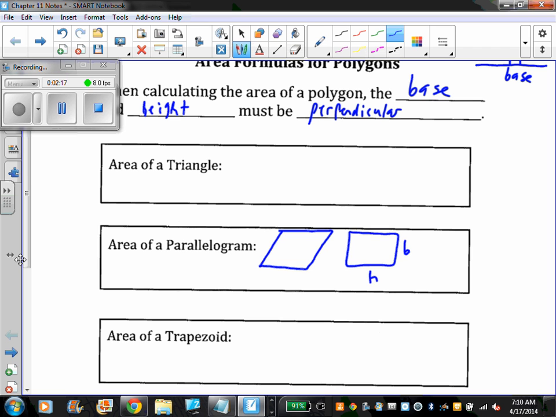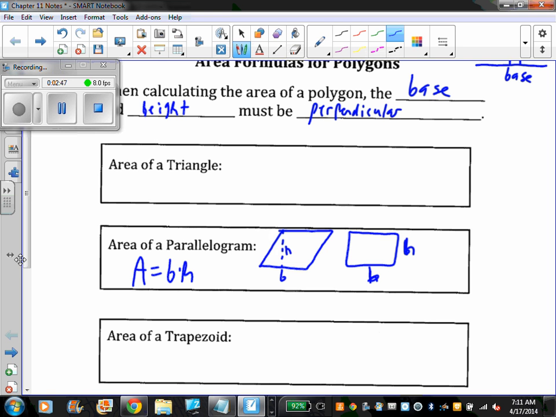So whatever the length of the base is, whatever the length of the height is, I kind of switched these here, but you could call either one of them base or height. It really doesn't matter since you're multiplying them. Same goes with regular parallelograms, ones that don't have any special features. The height is that distance between those two segments, and here's the base on the bottom, that length. So area of a parallelogram is just going to be base times height. You multiply those two numbers together.